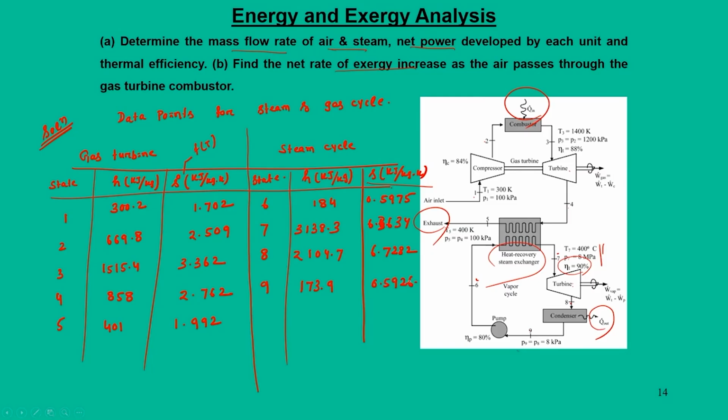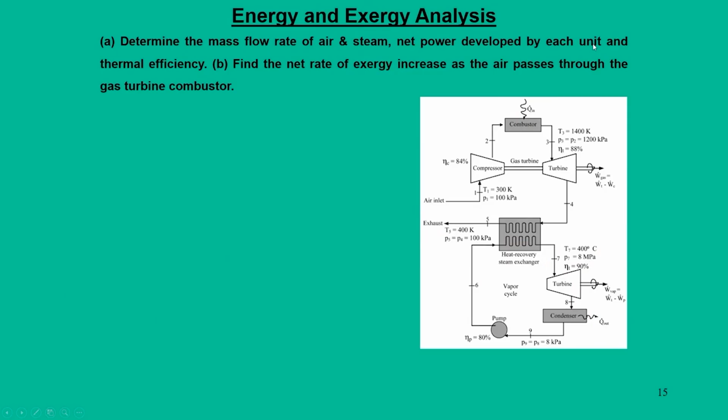So, these data points are obtained by separate analysis for the gas turbine and for the steam turbine unit. For the steam cycle we use the steam table, for the gas turbine cycle you use the property data for air. Having said this, the first thing we need to perform is the energy analysis.